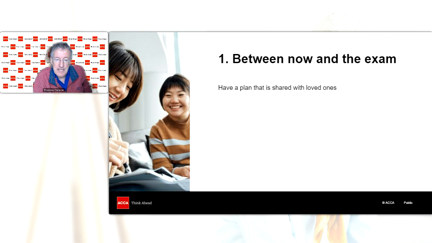So you need to have a plan, and you need to share that plan with your partner, with your boss, with your loved ones. We're all social animals. We're all connected. They're going to hold you to account. You're going to go missing in action the next couple of weeks as you prioritize passing this examination. So you've got to get their buy-in.